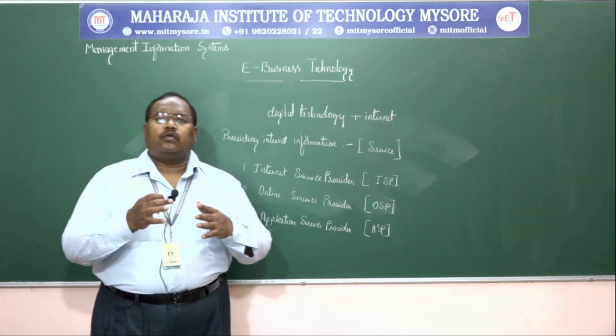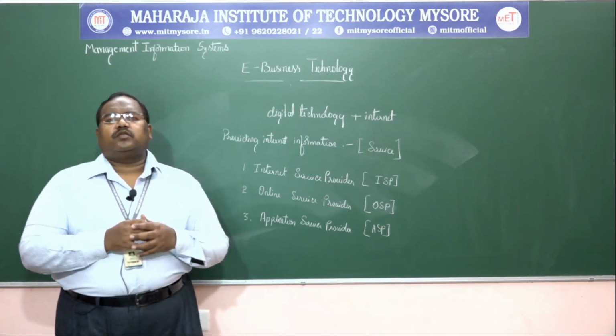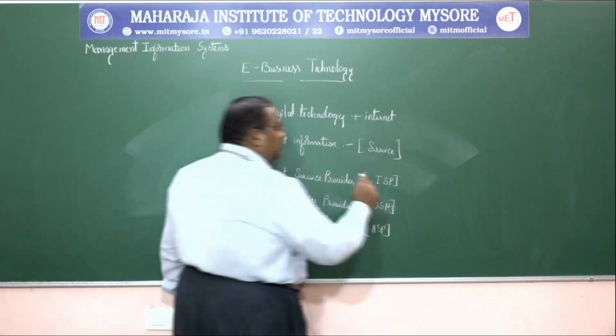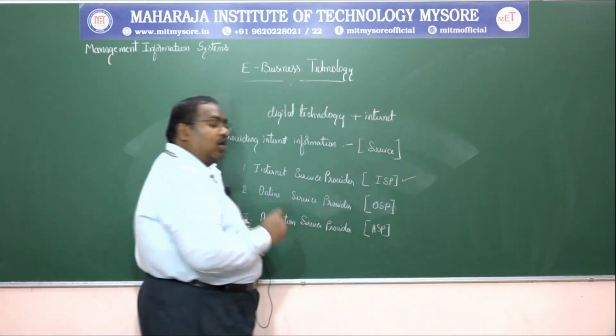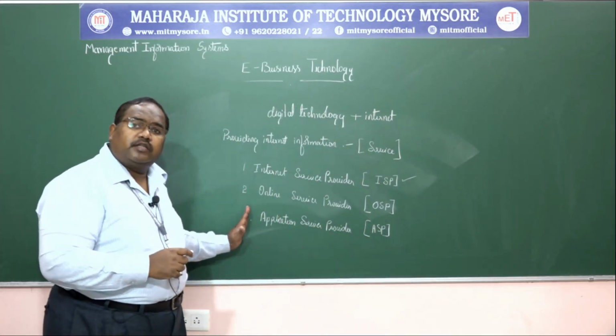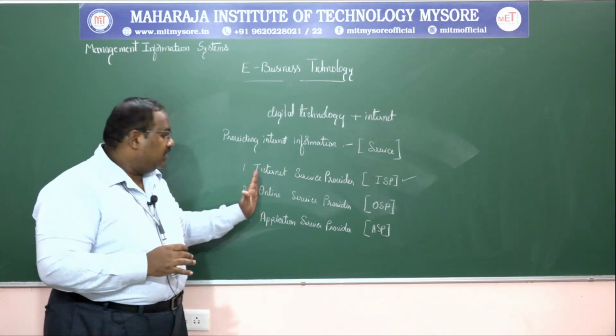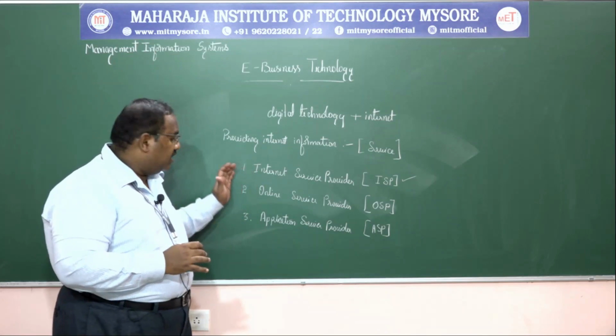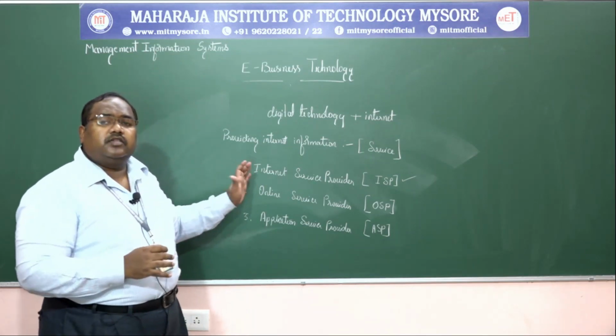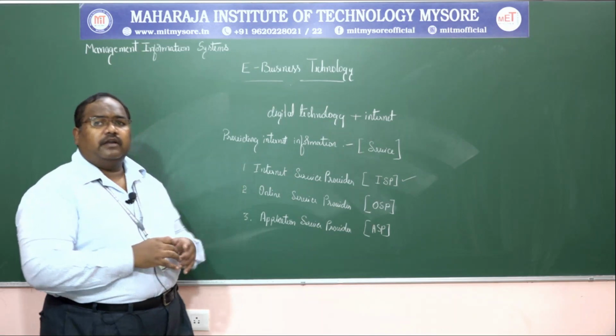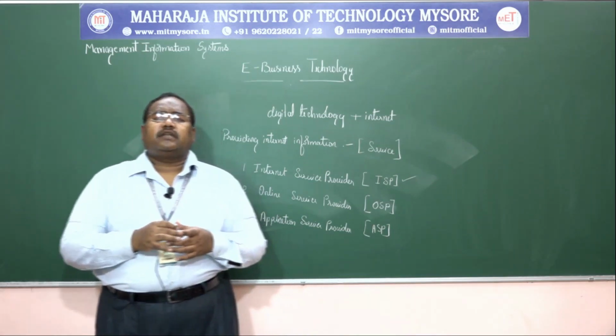Let us talk about them one by one in detail. The first one is the internet service provider. All these three come under the category of providing services, but the type of service is totally differentiated between one another. That's how these three are classified. The first one is the internet service provider.